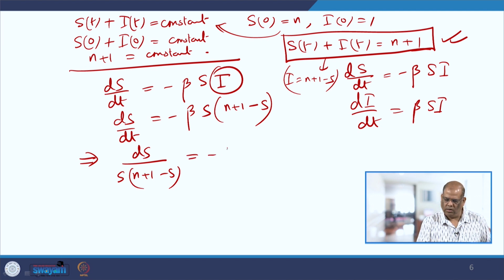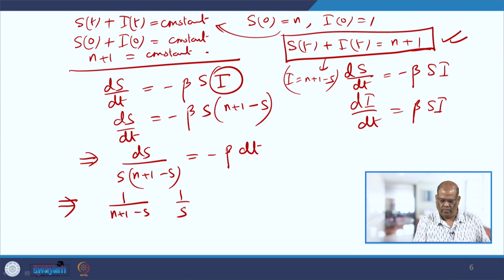minus beta dt. Now, the easy way of solving this is partial fractions. You just write 1 by (n plus 1 minus S), 1 by S. Now, you can see if I simplify this, your S cancels provided there is a plus sign. If this had been plus, I would have put a minus sign so that the S cancels and you are left with a constant. So, if I simplify this, it is S plus n plus 1 minus S, S cancels.